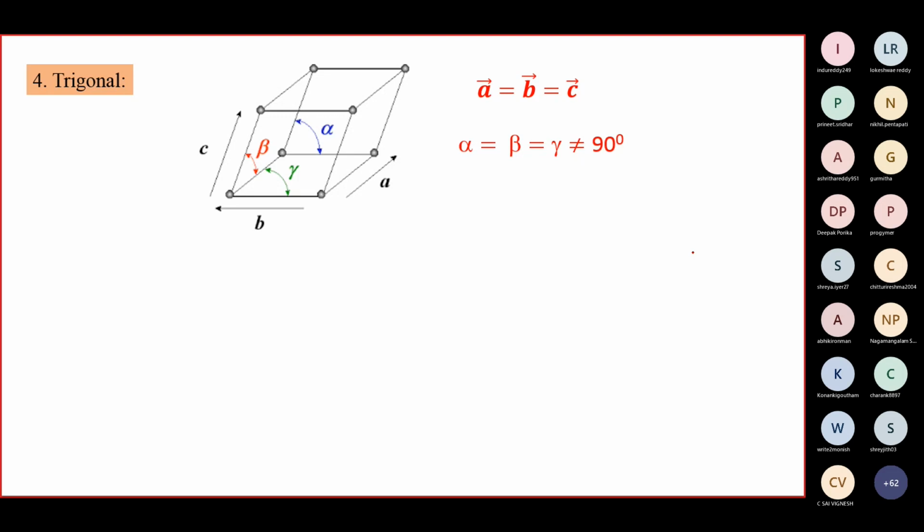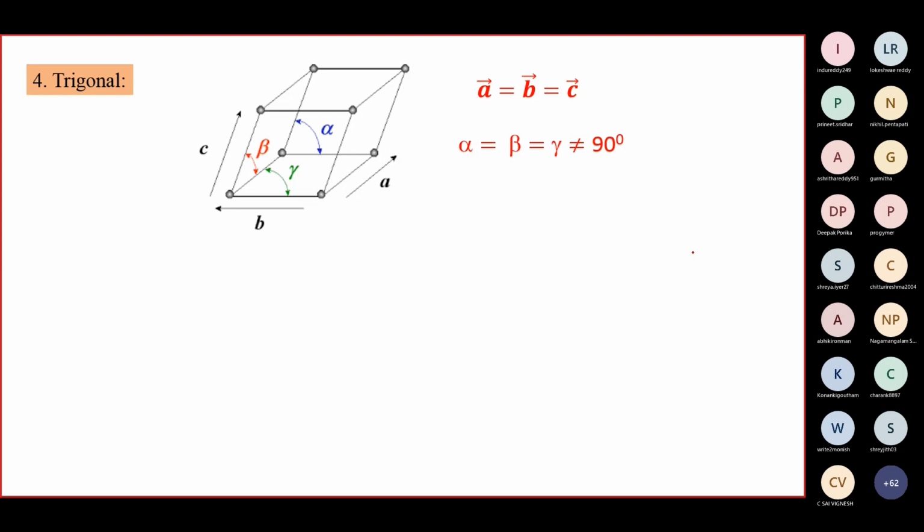Start with a cube. Take a cube. Sir, can you repeat your question? I asked, from the systems we have discussed already, the three systems, without altering much of its basic structure, can we obtain this trigonal?